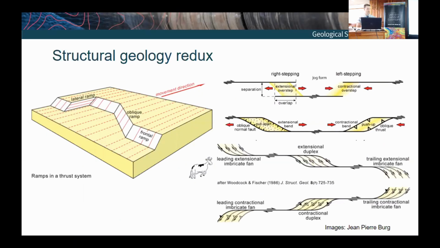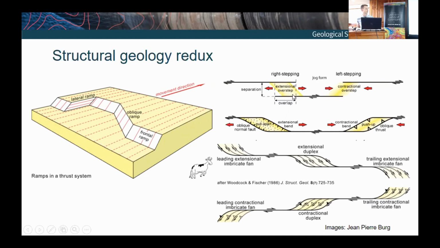So just to look at the transtension and transpression, the diagram on the right here is essentially some schematics of strike slip faults. Depending on the kinematics, whether it's dextral or sinistral, and the direction of fault steps where separate fault strands are separated, you can get these zones of extension or transtension, and these zones of contraction or transpression.